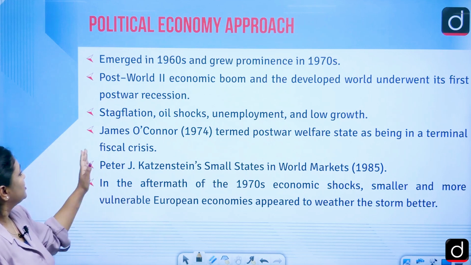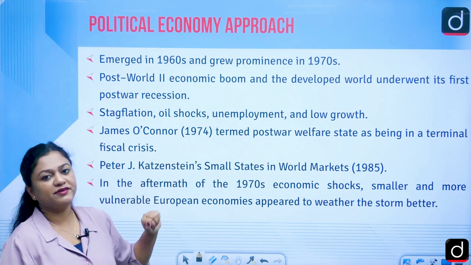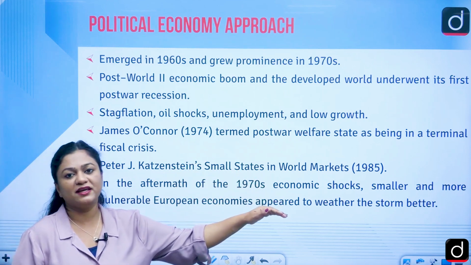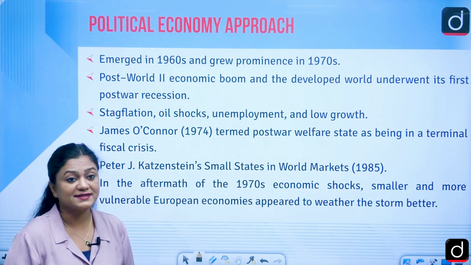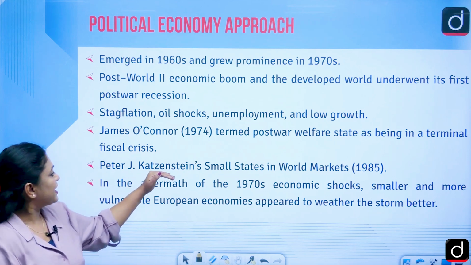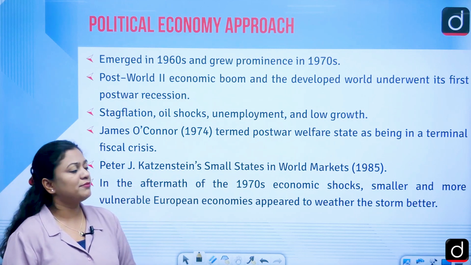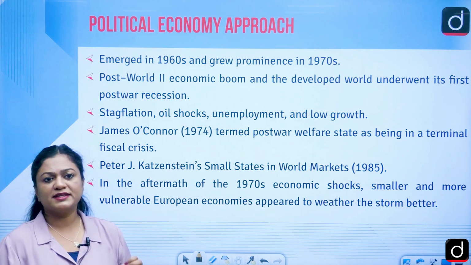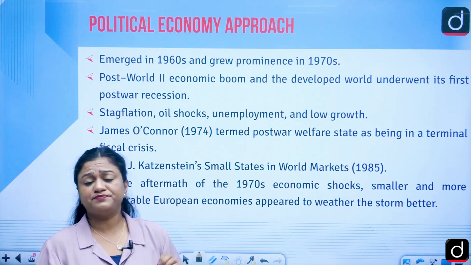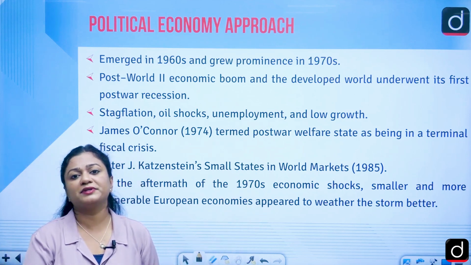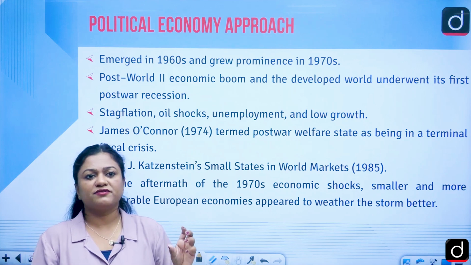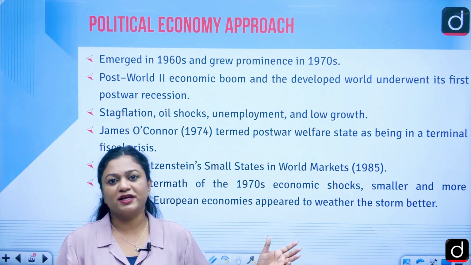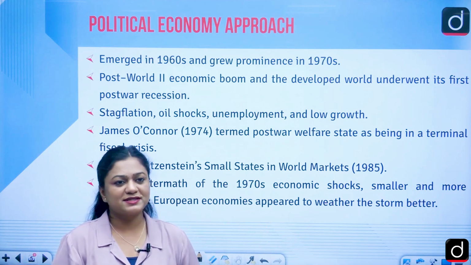James O'Connor in 1974 termed the post-war welfare state as being in terminal fiscal crisis. Peter J. Katzenstein, in Small States in World Markets, published in 1985, argued that smaller states with smaller economies perform better than big capitalist countries.